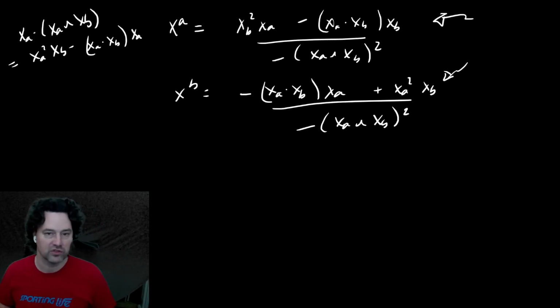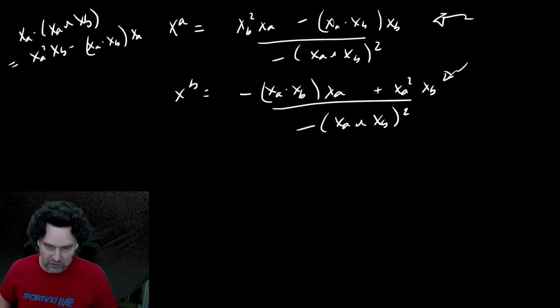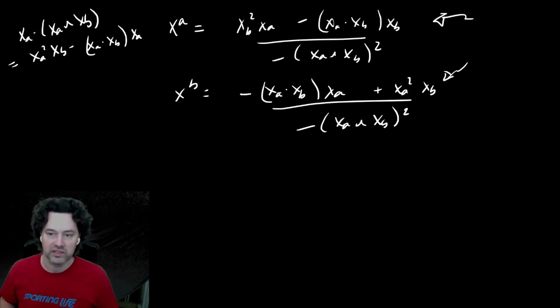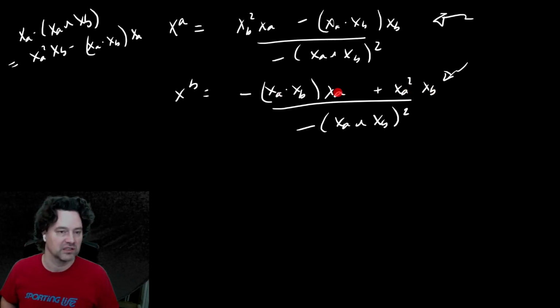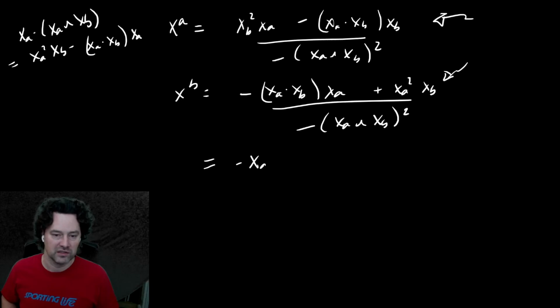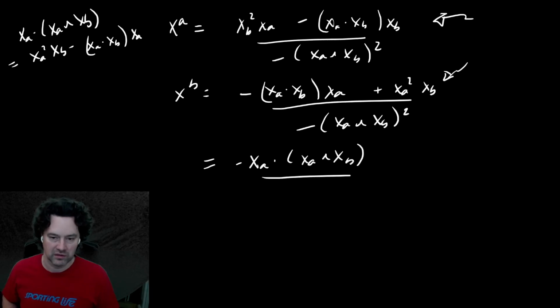And do we have that term anywhere? So x, we do. We have xa squared xb minus xa dot xb xa. So now we can write out xb. So xb is minus xa dotted with xa wedge xb over xa, xb.